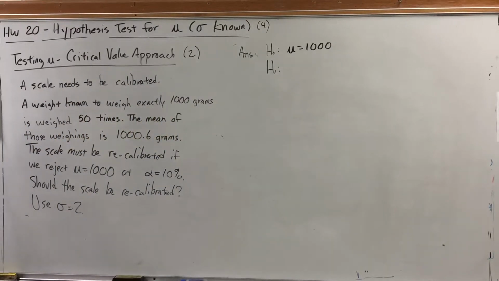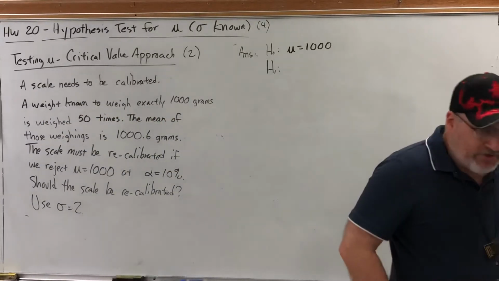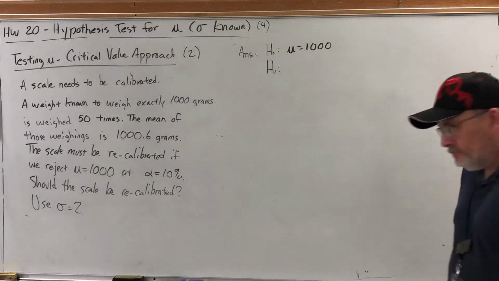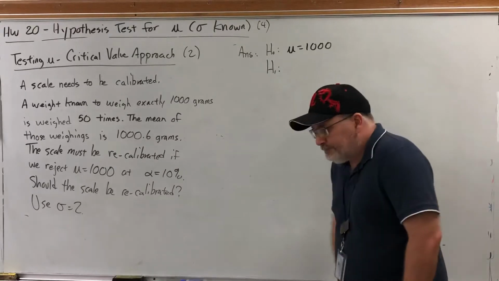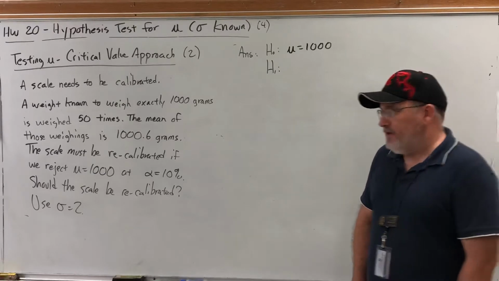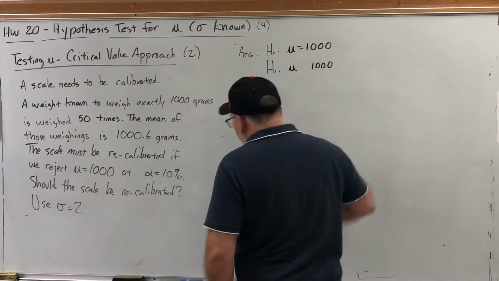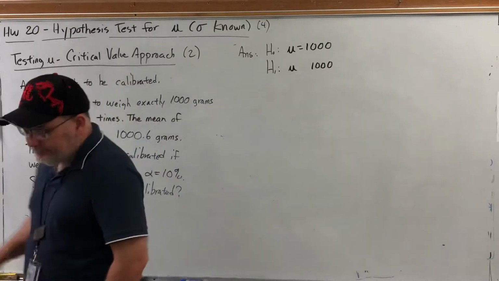Now, let's think about what the alternative should be. We want this scale to be accurate. We don't want it to be out of whack. So what would a good alternative hypothesis be? Our choices are greater than, less than, or not equal to 1,000.